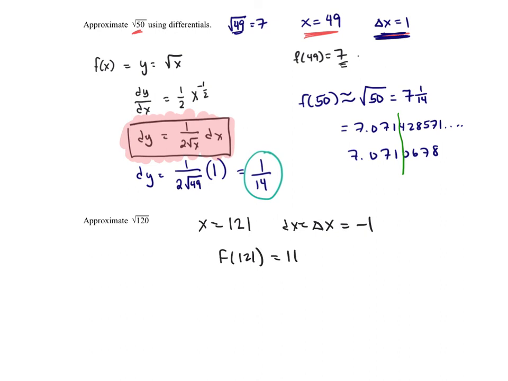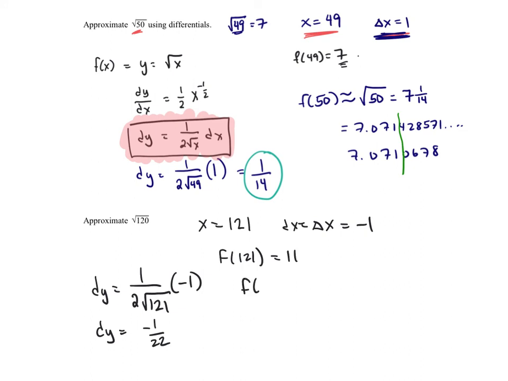So my differential from above, we could say dy is 1 over 2 times the square root of 121 times dx, which is -1. So my approximate differential is going to be, this is 11, so this is 1/22, so it's -1 over 22.